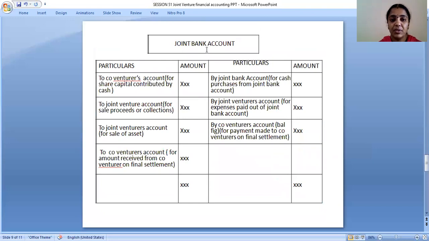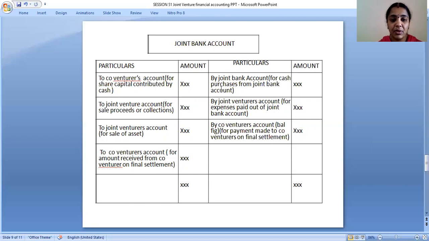Next we go for the joint bank account. On the debit side: to co-venturers account for share capital contributed by cash; to joint venture account for sale proceeds or collections; to joint venture account for sale of assets; and to co-venturers account for amount received from co-venturers on final settlement.